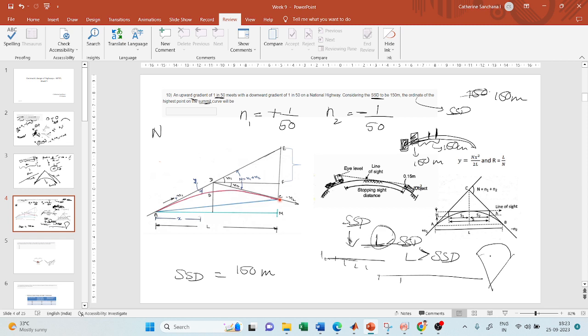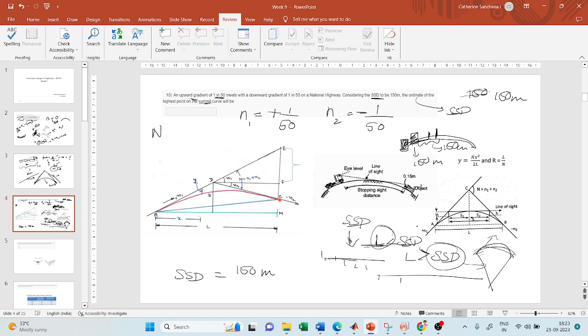We were talking only about simple curves, not complex curves or compound curves, right? So finding the length of the curve was easy, but you focused more on finding the SSD for this length of the curve.